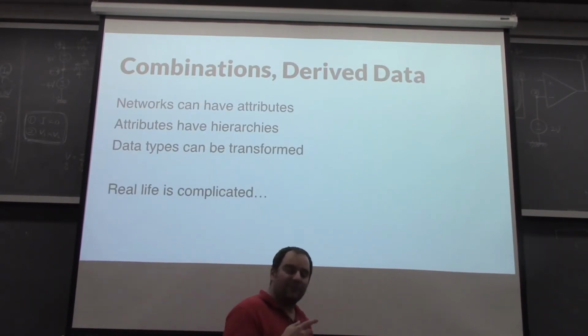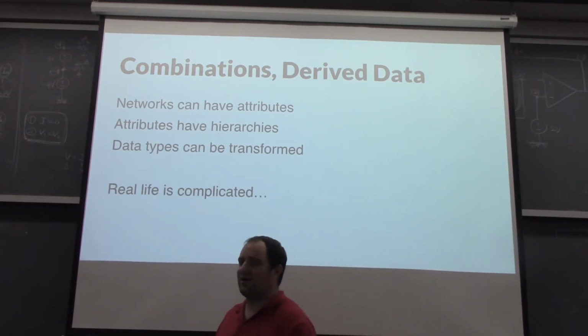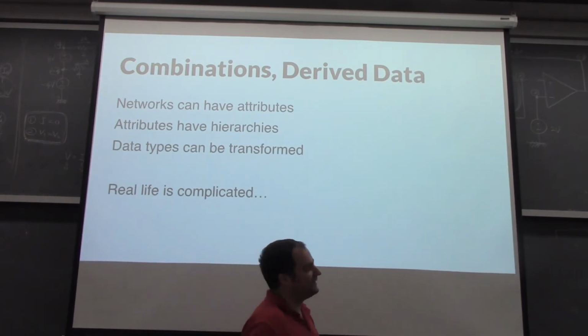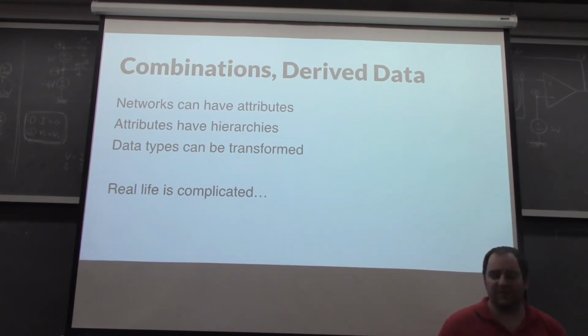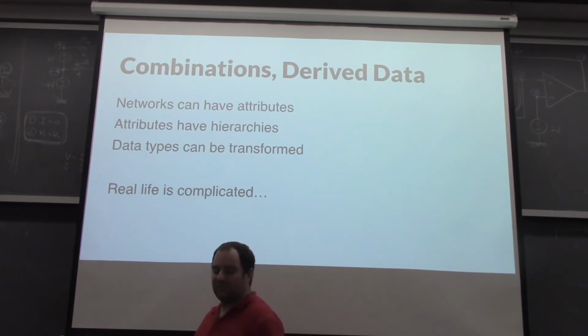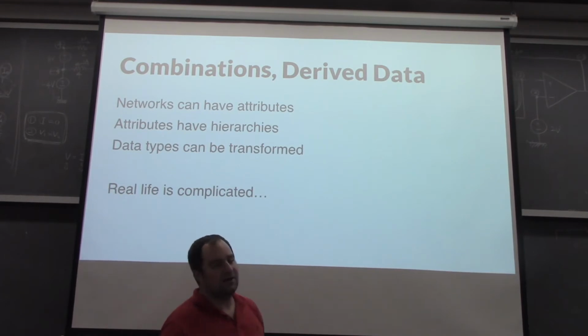So right now we have thought about those things in isolated silos. It was either a graph or a table or a set or a cluster or something like that. But in practice, these combinations are very common. So networks or graphs of people, for example, have attributes. Every person in your social network has an age, an occupation, and other things.